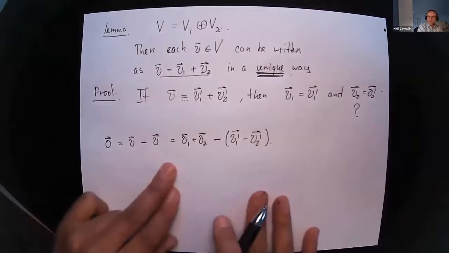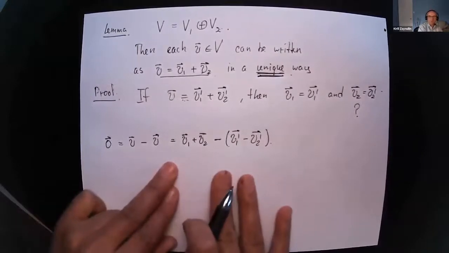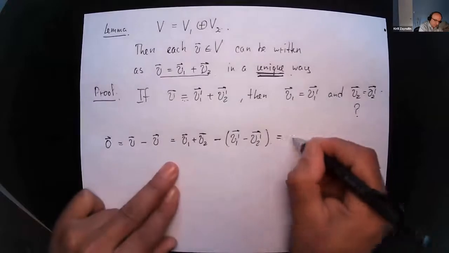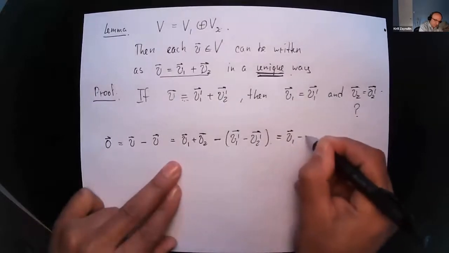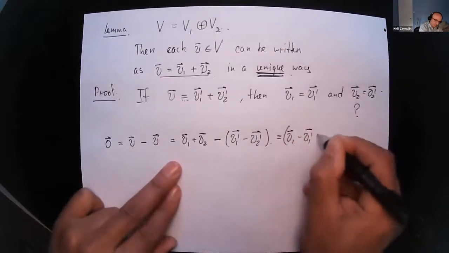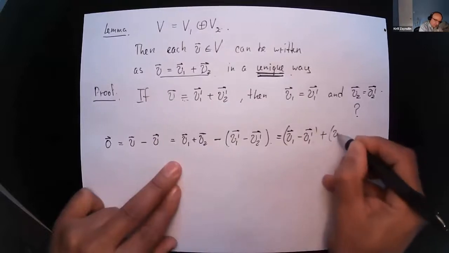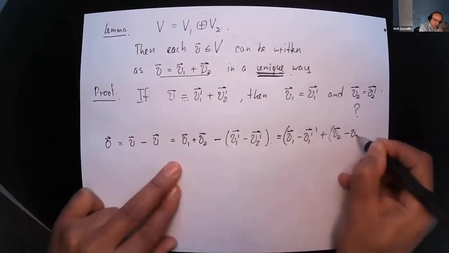And what I'm going to do now is reshuffle it a little bit. I write it in this way: V1 minus V1 prime plus V2 minus V2 prime.